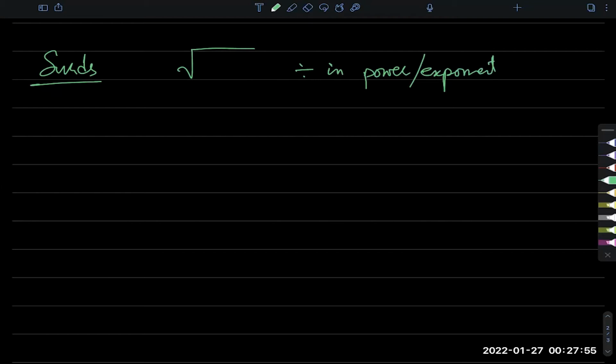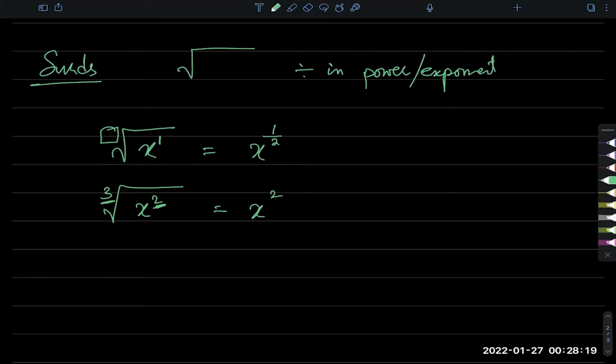Now, for example, I have this thing, square root x. What this means is that basically the power of the number inside, 1, for example, is being divided by 2. If there's no number written here, then it is 2. If I have this of this thing, that means the power inside is divided by the number outside.